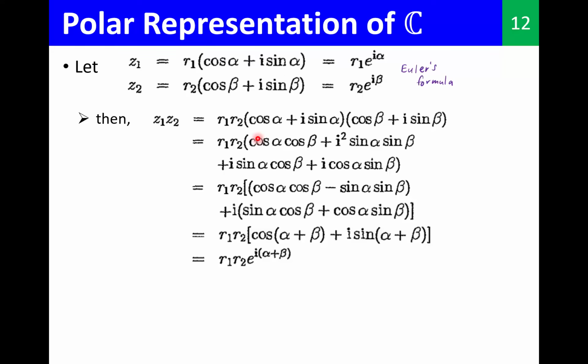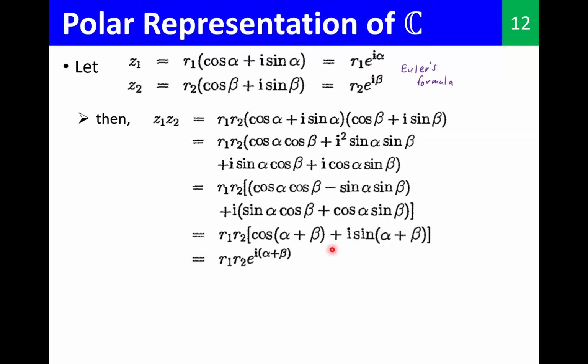We have R1 (cos alpha + i sin alpha) for the Z1, and for the Z2 we have R2 (cos beta + i sin beta), and if you do the calculations you will end up with this, right, where you can see the arguments are added and the magnitudes are the product of the individual magnitudes, and again it can be given in the Euler formula like this as well, right?